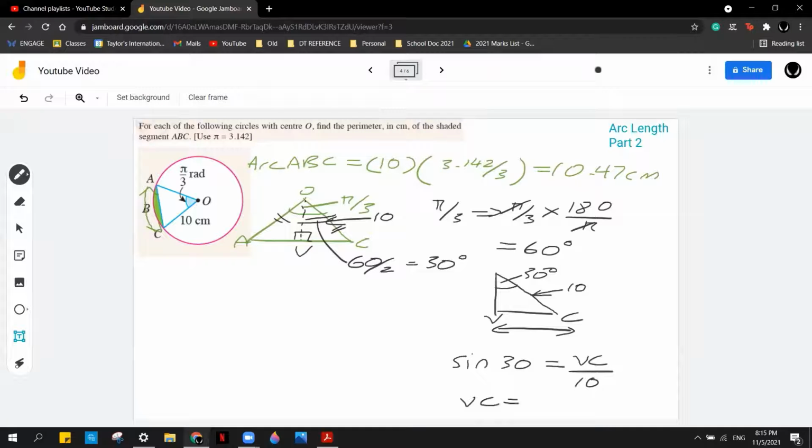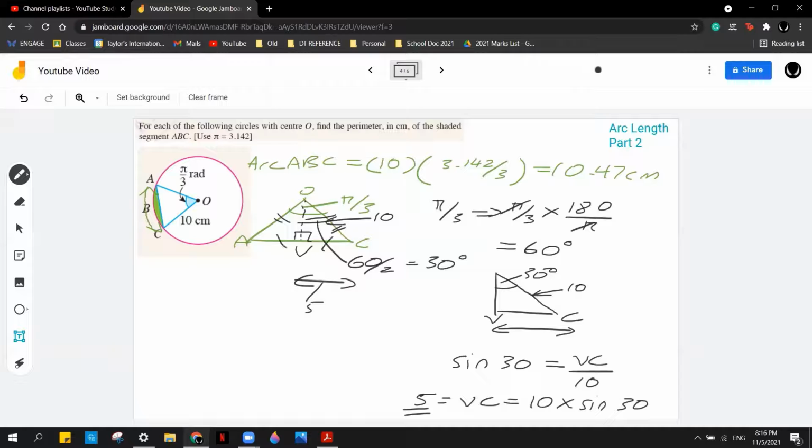So VC is equals to 10 times sine 30. So sine 30 is going to be 0.5 times 10. We get 5 here. That's quite easy. So VC equals to 5.